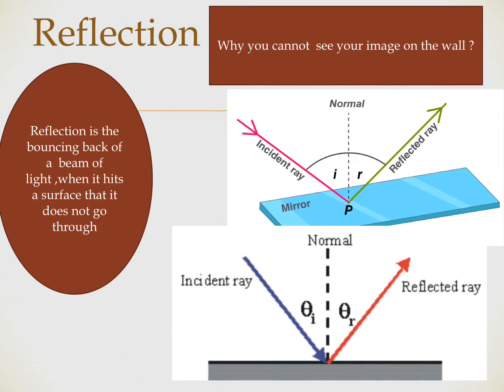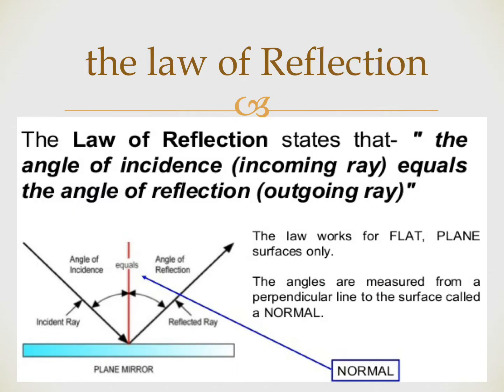But why can we not see our image on the wall? To understand this, we need to learn about the law of reflection. The best way to understand how light reflects off a surface is to look at a ball that bounces off the ground.